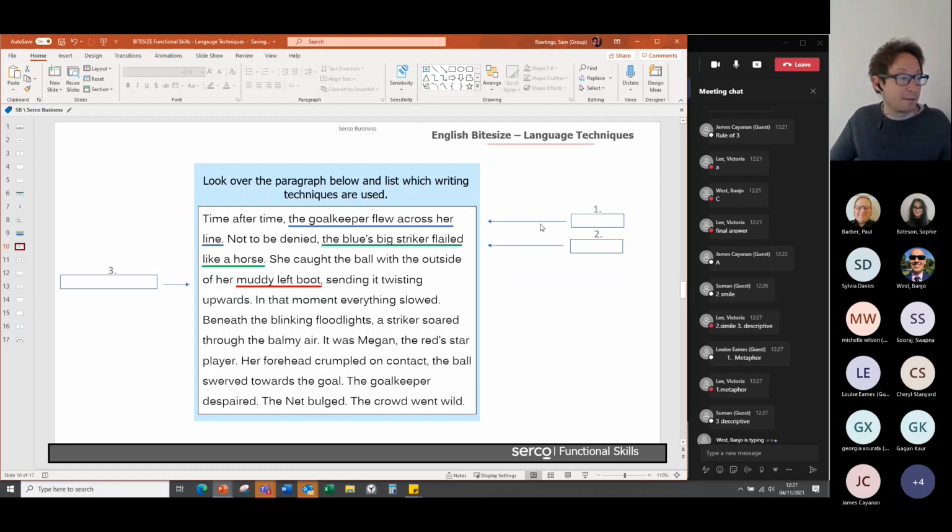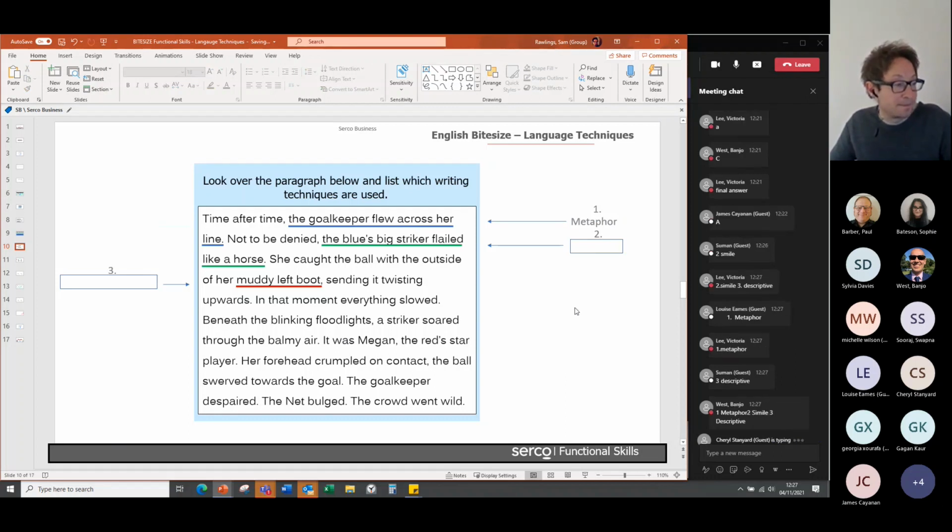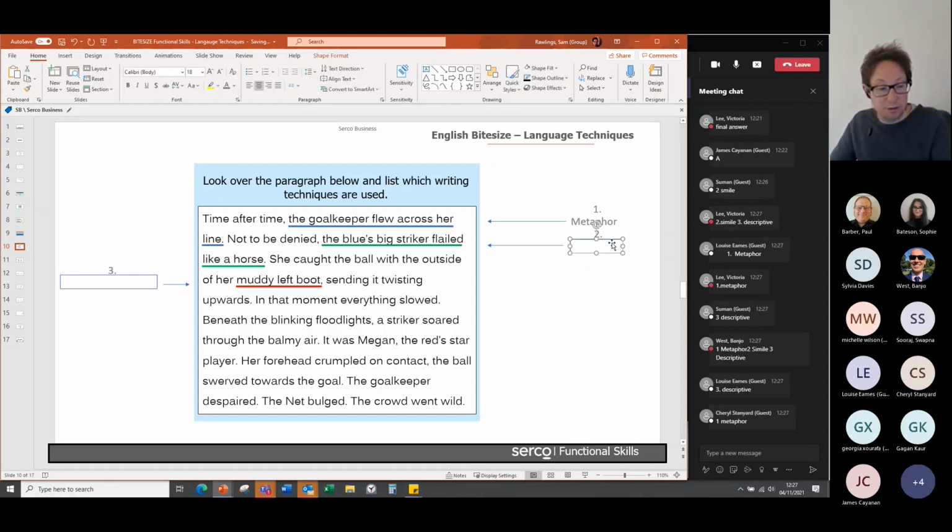Okay, so let's double check then. So the goalkeeper flew across her line. That is a metaphor. Good. Number 2, the Blues big striker flailed like a horse. So you've got like. So remember, simile uses like or as. So absolutely, that is a simile. And then number 3, we've got muddy left boot.